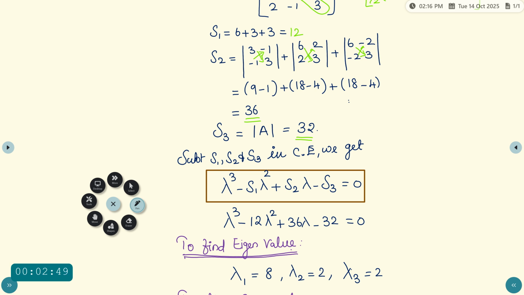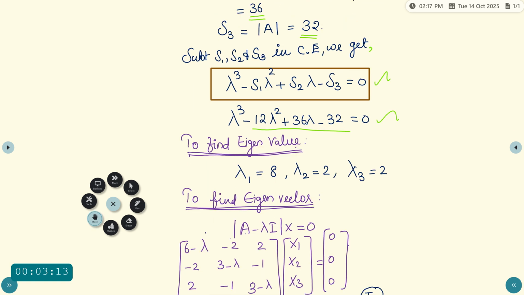Next, substitute all the values S1, S2, S3 in the characteristic equation. This is the formula for the characteristic equation, lambda cube minus S1 lambda square plus S2 lambda minus S3 equal to 0. You are getting the equation lambda cube minus 12 lambda square plus 36 lambda minus 32 equal to 0.